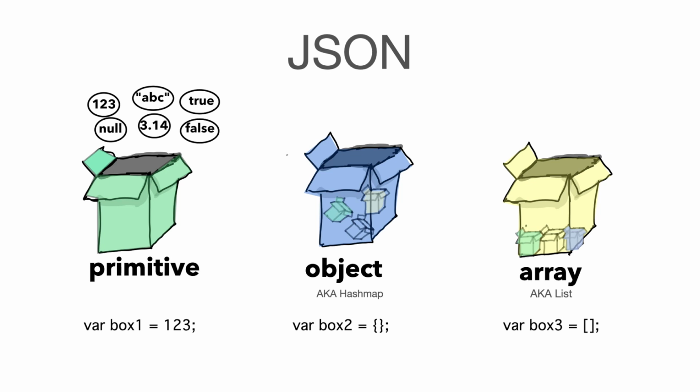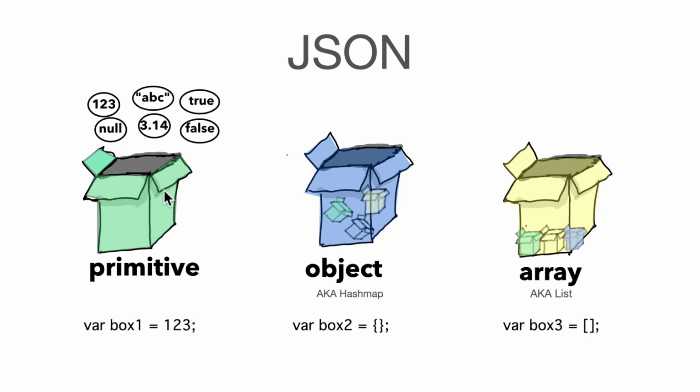See this diagram here? This is called JSON, which stands for JavaScript Object Notation. This is the main way that data is presented in JavaScript. I'm going to show you what this means, but basically, you can think about data as just boxes.